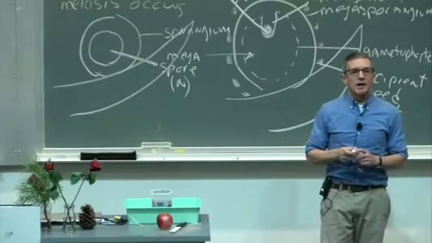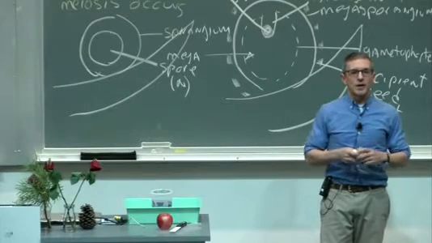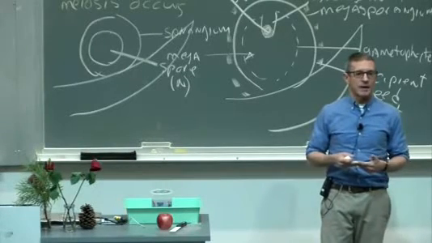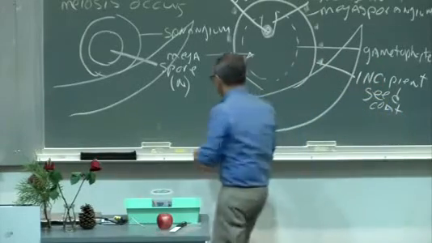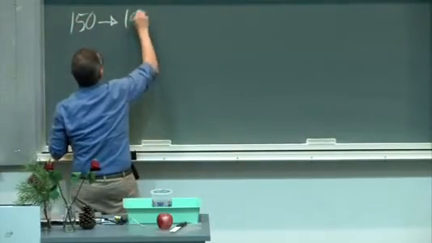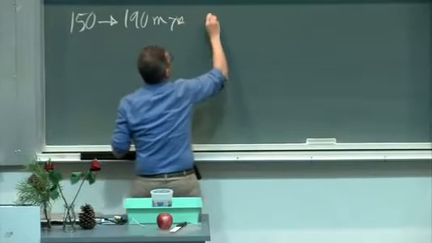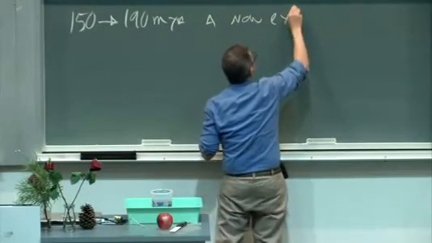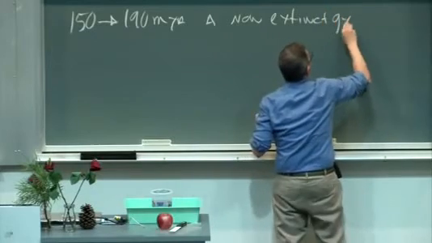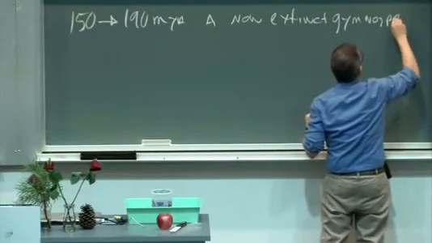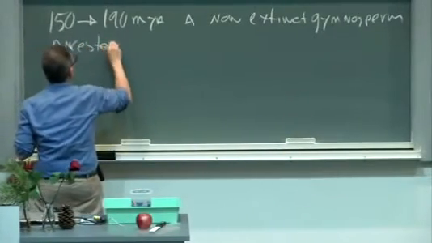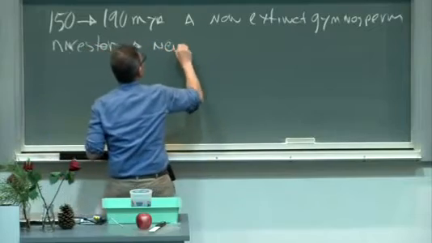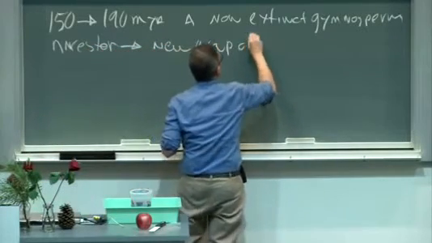Sometime between 150 and 190 million years ago, the next step in the evolution of plants took place. And it's a real mystery how this step occurred. And what we can say is that between 150 and 190 million years ago, a now extinct gymnosperm ancestor gave rise to a new group of plants.